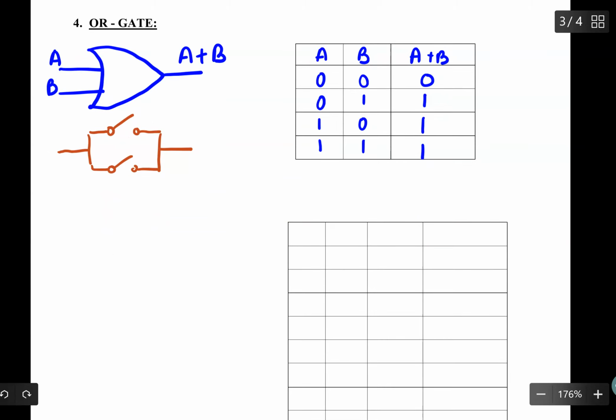Right. Okay, so let's draw this OR gate with 3 inputs.